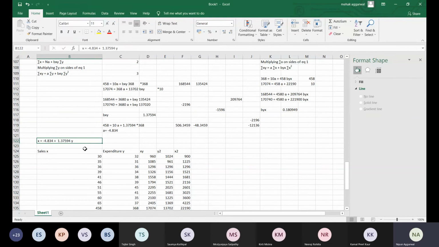And this slope Byx shows that if this expenditure is increased by 1 unit or decreased by 1 unit, my sales will be increased or decreased by 1.37594 units. Yes, sir. Thank you. Clear? So that is the interpretation of the regression equation, how one variable is related to the other.